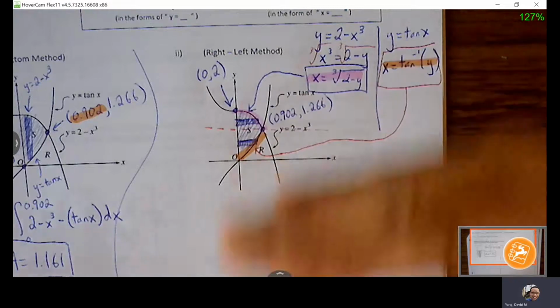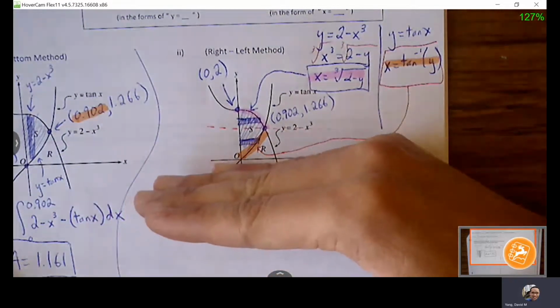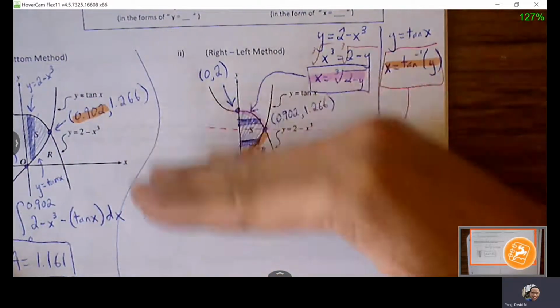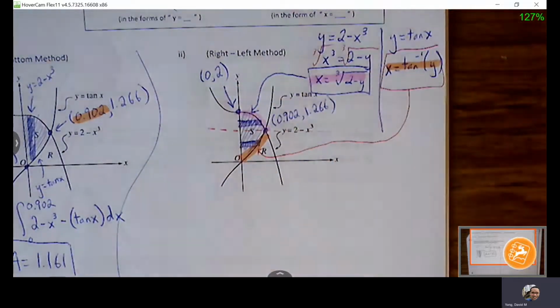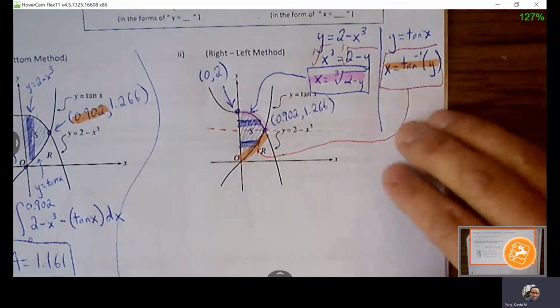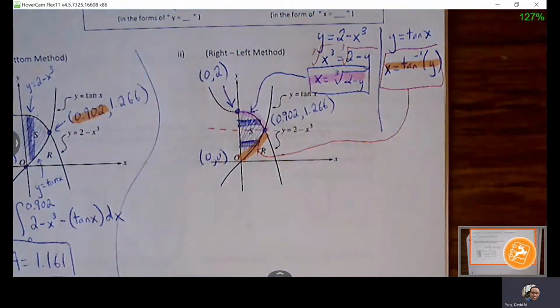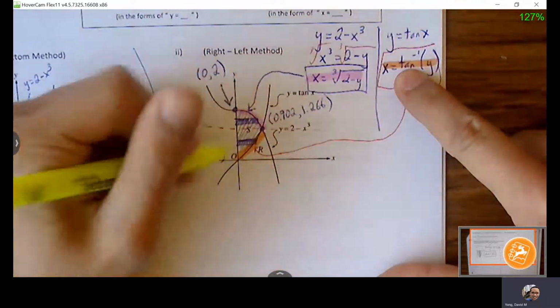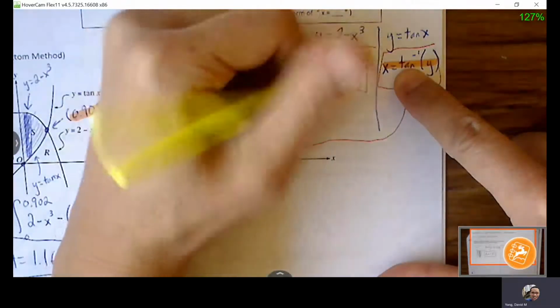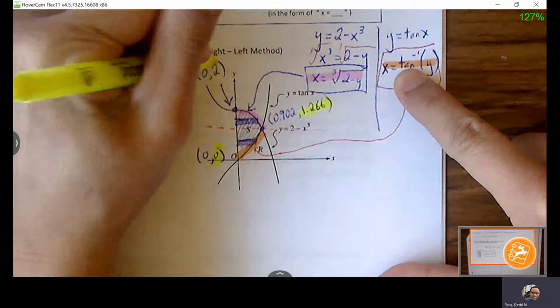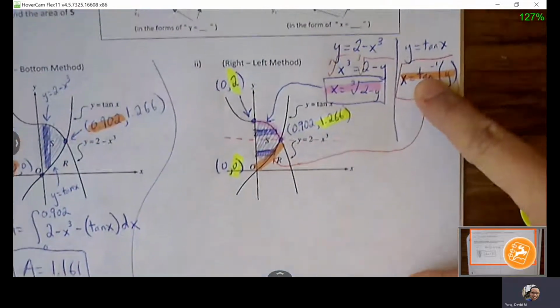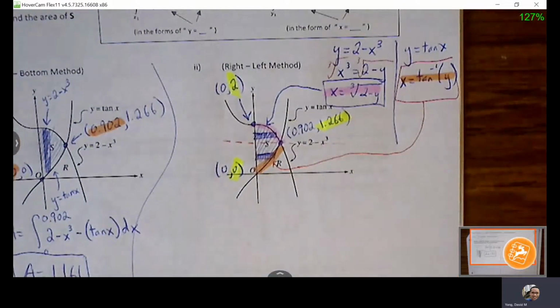We're going to stack these horizontal rectangles from 0 all the way to 2, but split up into two separate integrals. So we're involving the 0, the 1.266, and the 2. We're not touching any of the x's. Everything is in terms of y because we have a different orientation.